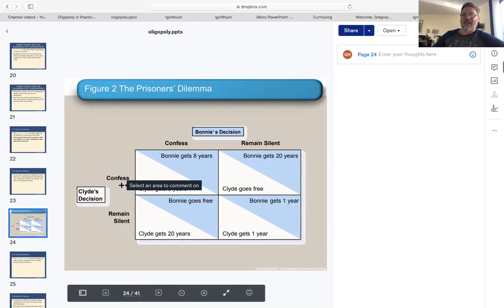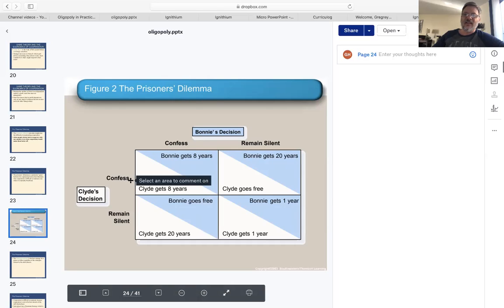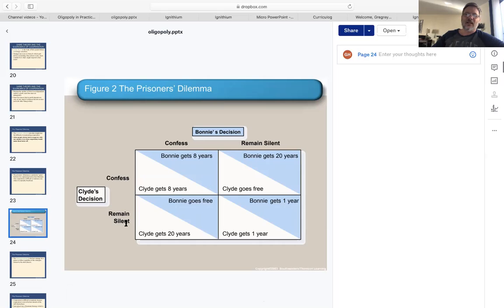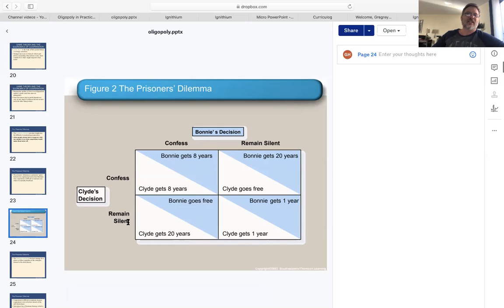And if you do that, then normally they offer you a deal, right? You get a reduced sentence. But not helping out the prosecutors, but remaining loyal to your co-conspirator, is remaining silent, not saying anything, giving no evidence.